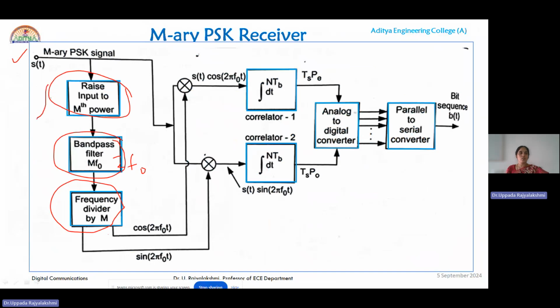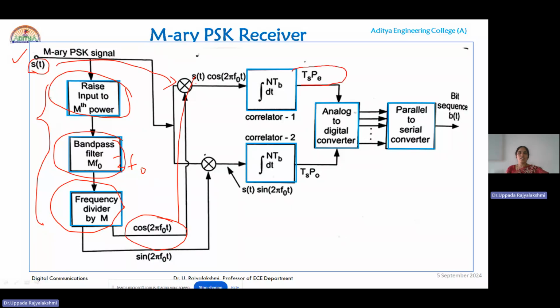These three blocks we already discussed in the earlier lecture; they are required to generate the coherent carrier. Here cos 2 pi f naught t is the coherent carrier, which is multiplied with the received M-ary PSK signal to produce the output S(t) into cos 2 pi f naught t, where S(t) is the M-ary PSK. Now that is applied to the integrator, which takes the even intervals.